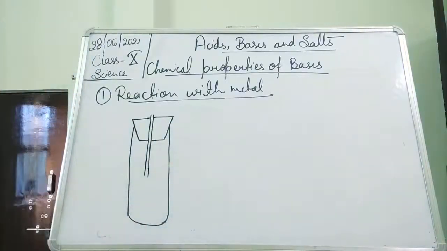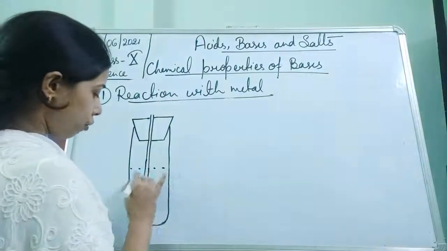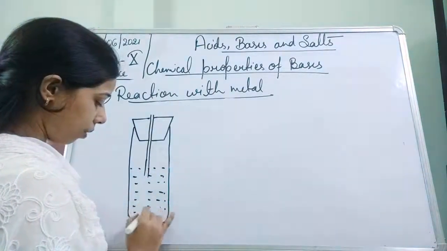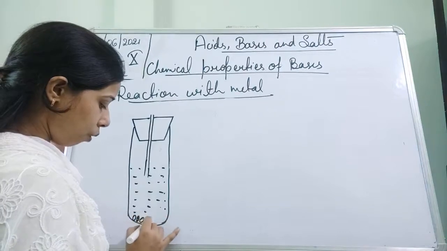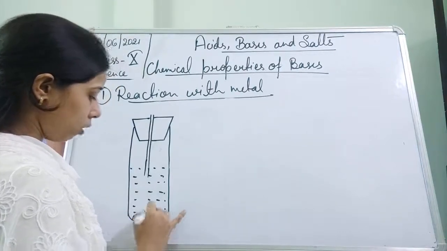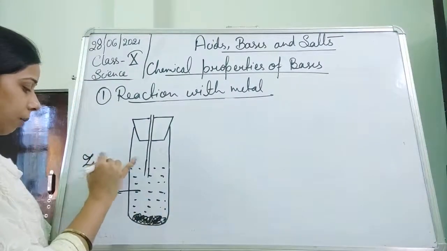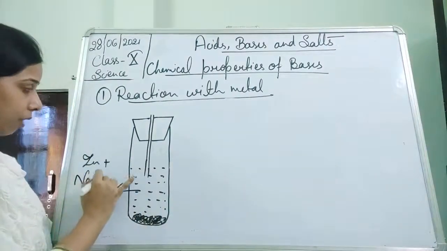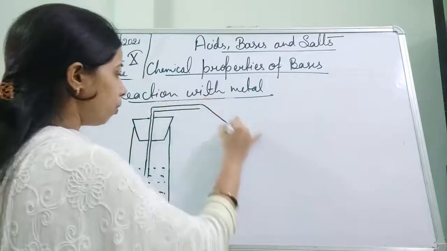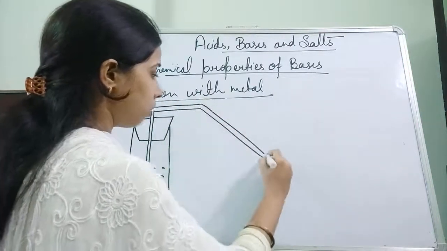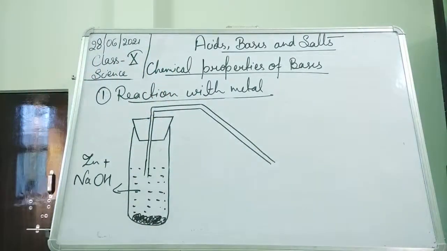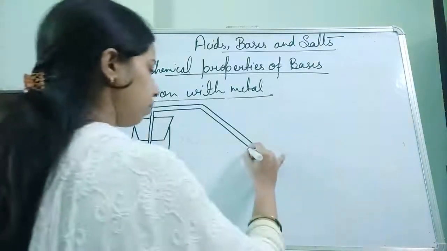In this one, this is the NaOH solution, and there are a lot of zinc granules. So this is zinc plus NaOH. Now this delivery tube is made to enter into a beaker.